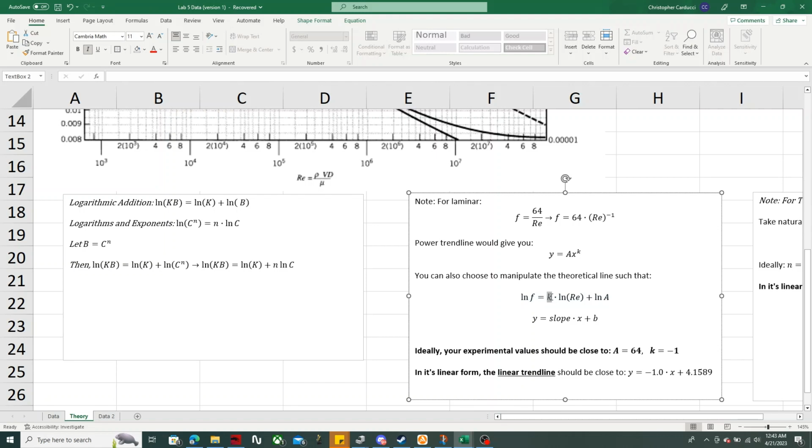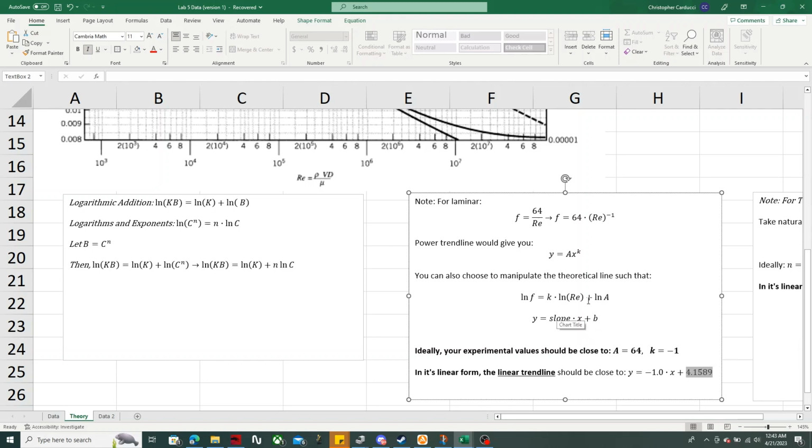You'll have k times the natural log of your Reynolds number plus the natural log of a, where a here is 64. By the way, the natural log of 64 is this value.